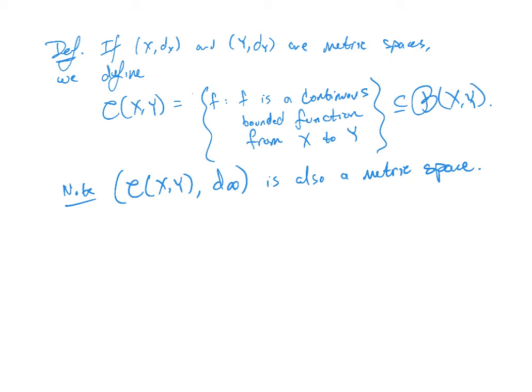Just going back to a comment from the beginning of the lecture, if Y happens to be a field, like the real numbers or the complex numbers, this is also a vector space, just like the bounded functions were a vector space. This is an even more interesting vector space. What's the basis here? I'll leave that to you to ponder.